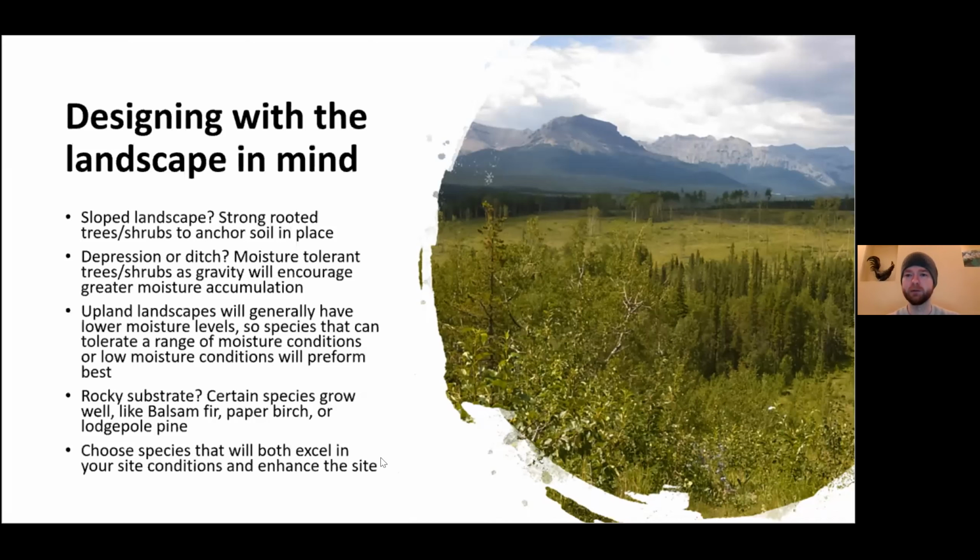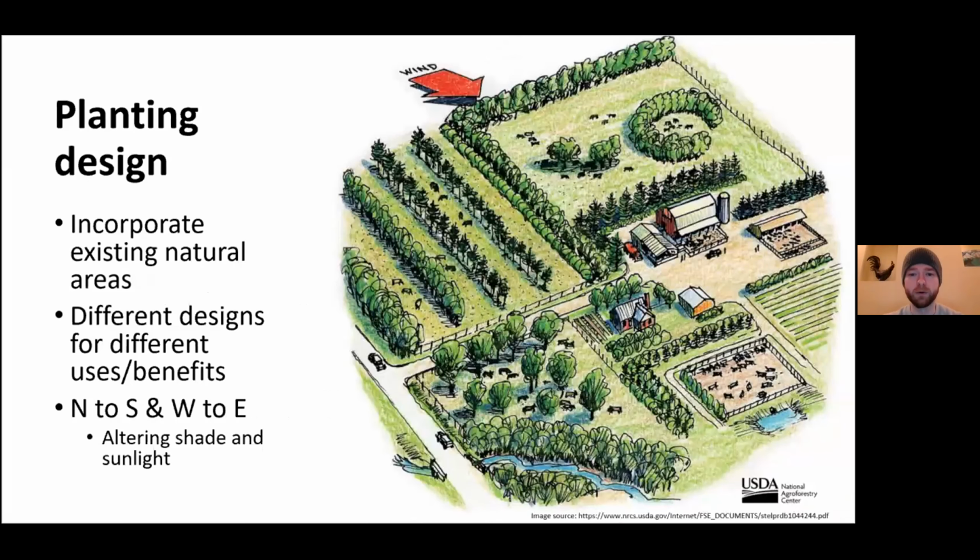Ultimately, you want to choose species that are going to benefit from the site conditions and flourish, as well as improve your location through the services that they can perform.